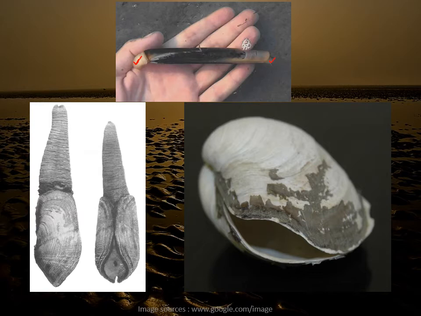Here you can see the siphon is out from the shell although the valves are closed, and this is the food. So for deep burrowing bivalves, there must be a permanent gap in both anterior and posterior directions.